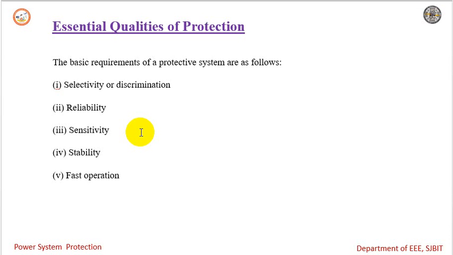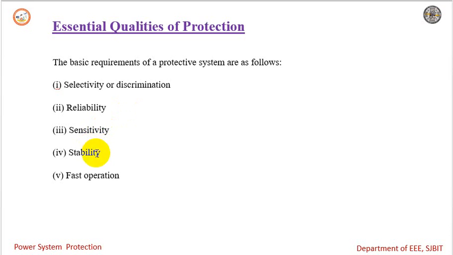So if there is an excess current over the pickup value, the relay should sense and operate. That means the protective relay should be sufficiently sensitive to operate whenever the operating current just exceeds its pickup value. Pickup value means the set value, the preset value.